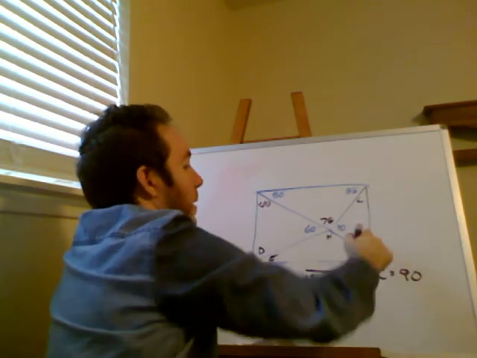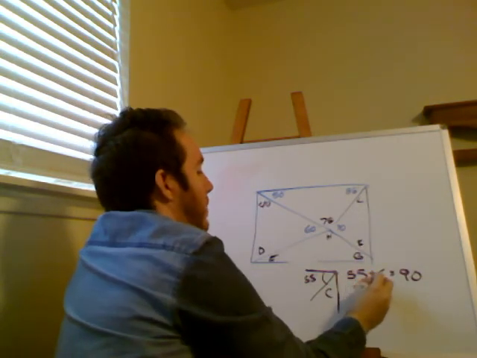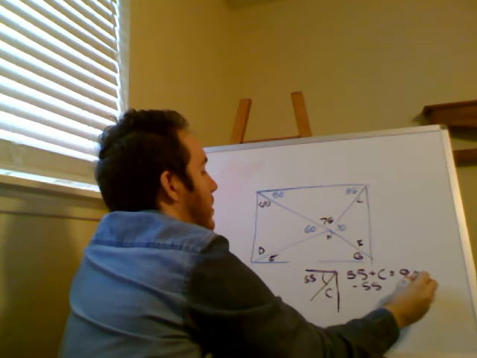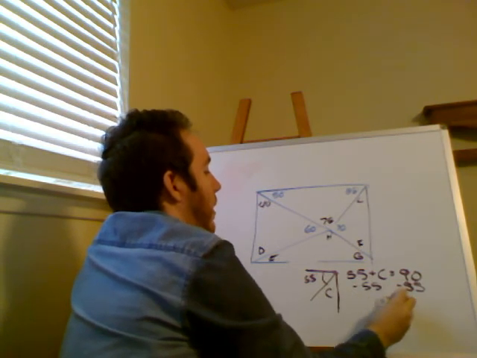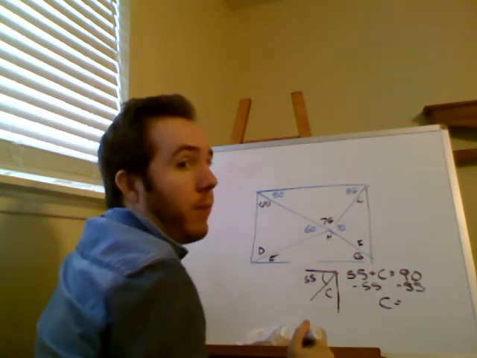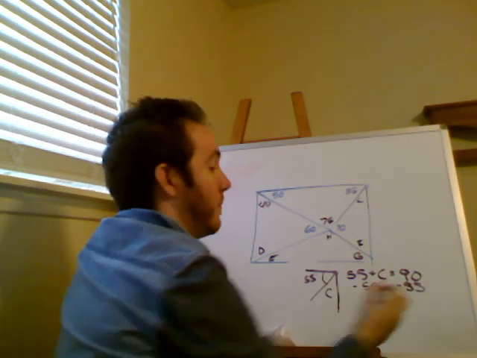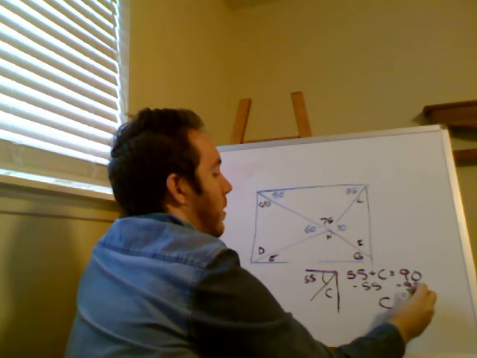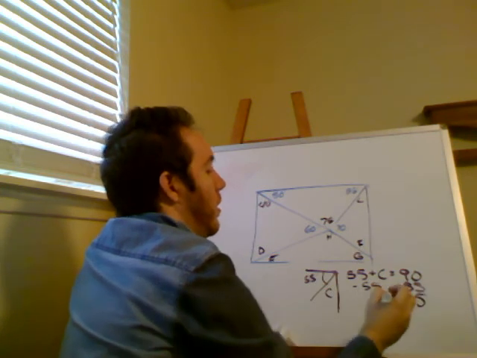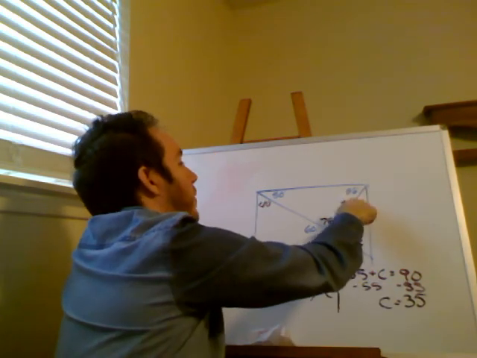To find C, we simply subtract 55 from both sides. And 90 minus 55 is 35. That gives me that third value, 35.